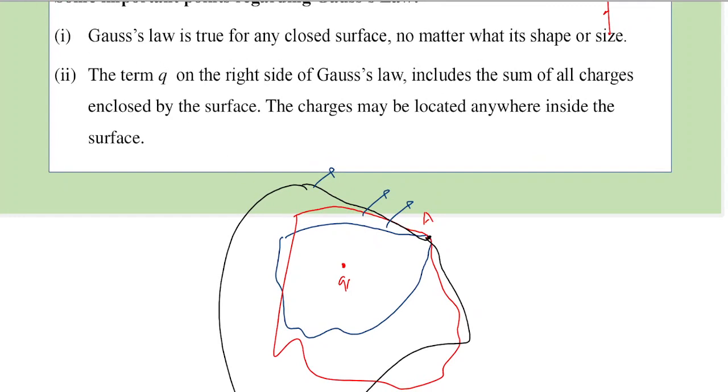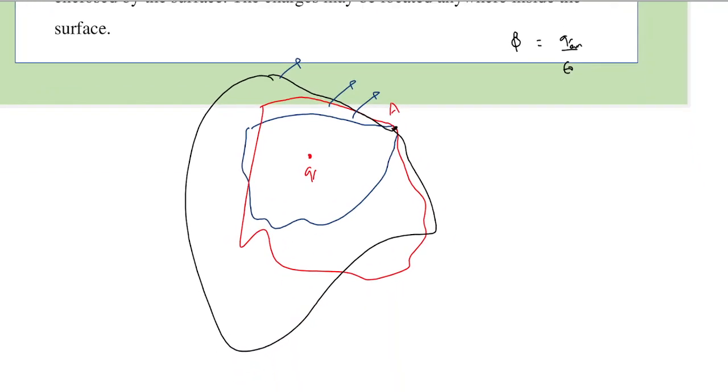Second point is, in the equation we wrote earlier, that is flux is equal to Q by epsilon naught, we wrote Q enclosed. Now here Q enclosed means the charge which is enclosed by the Gaussian surface. To understand this, imagine we have a charge, say plus Q1.